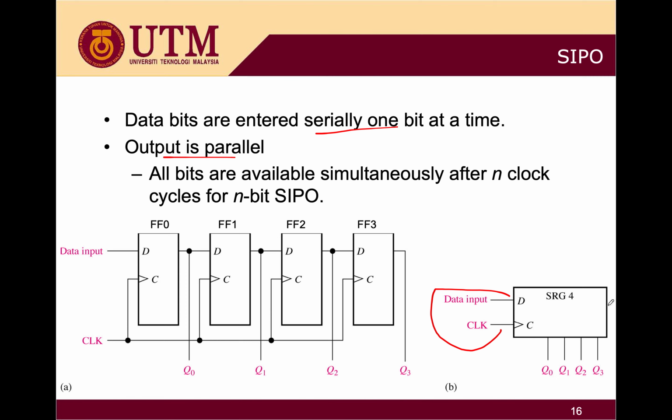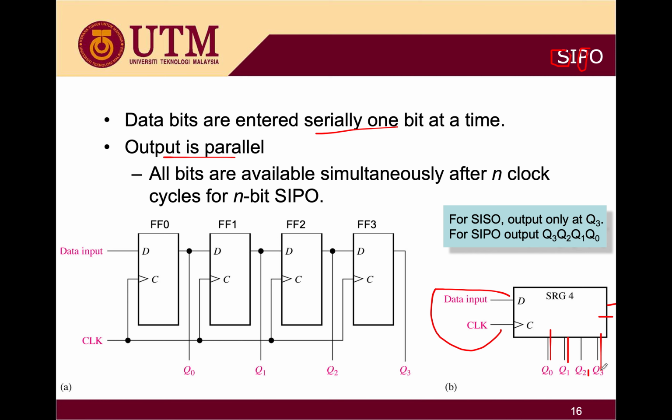If the previous one is SISO, it's going to come out like this, but because SIPO, P is parallel, S is serial, it's going to come out like this. For SISO, output is only at Q3, but for SIPO, output is Q3 Q2 Q1 Q0.